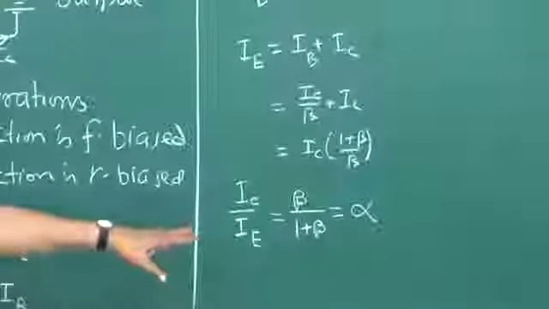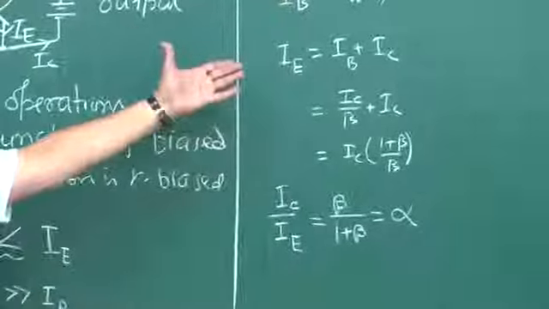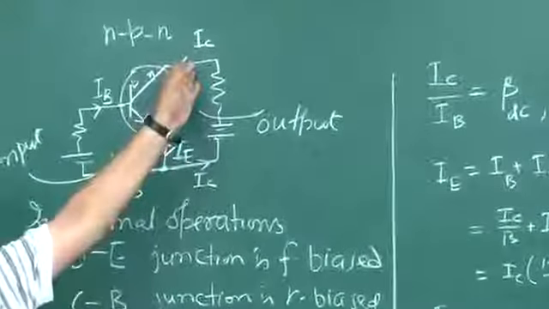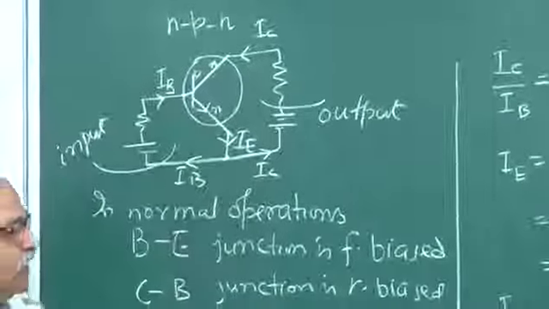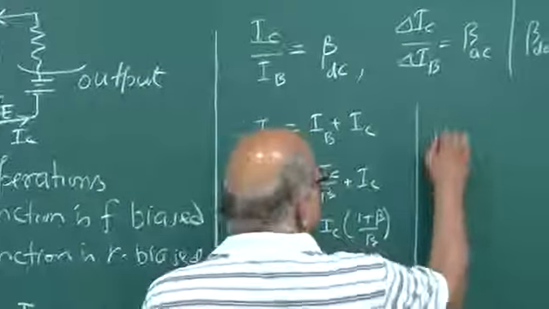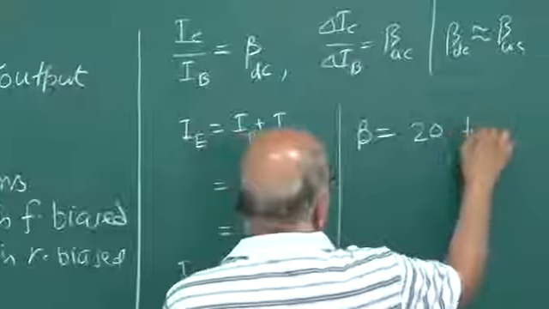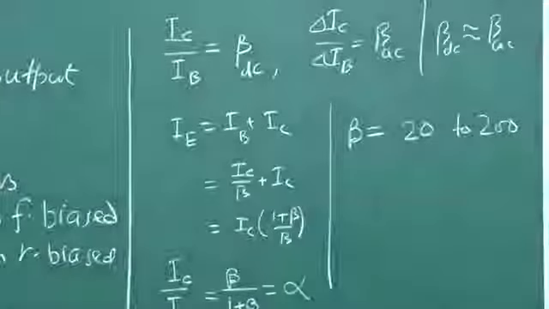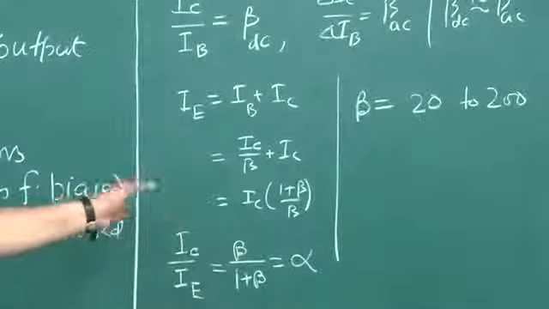So, alpha tells you what fraction of emitter current goes through the collector, whereas beta tells you the current ratio between this output collector current and this input base current. Typically this beta will be something like 20 to 200. 50, 100 is quite common, and correspondingly alpha is 0.98, 0.99.